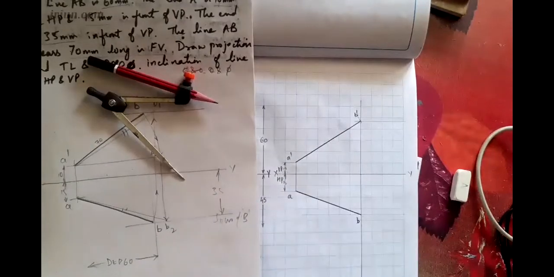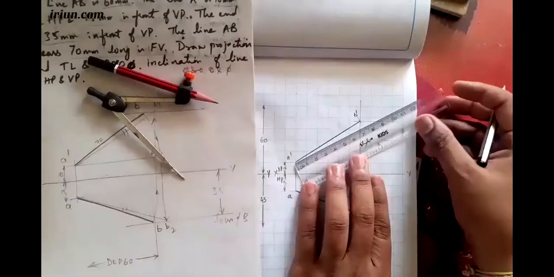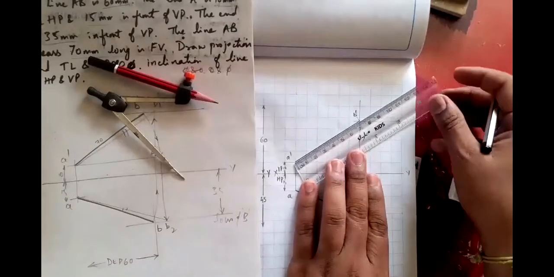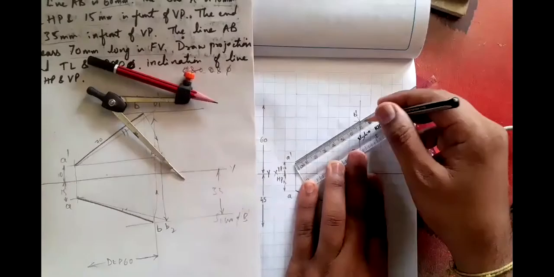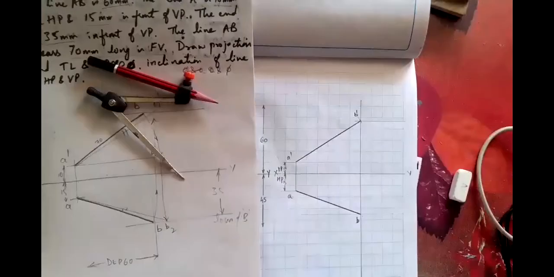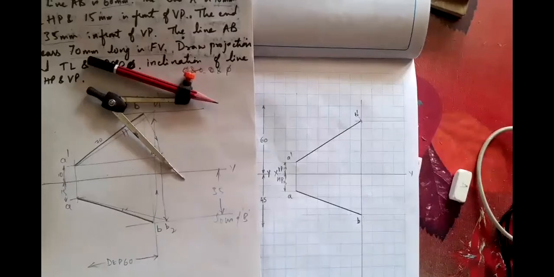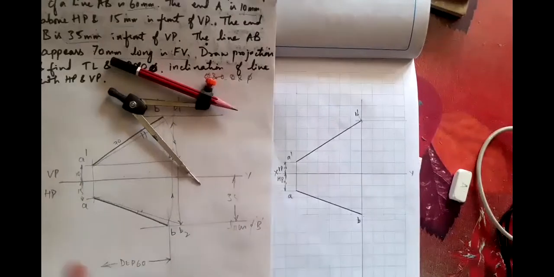If you are capable of marking 70 exactly on the same line, all the best. Both are correct, but should be accurate. Manually there will be some errors, but you need to try for maximum perfection. By scale, slight errors will be there.